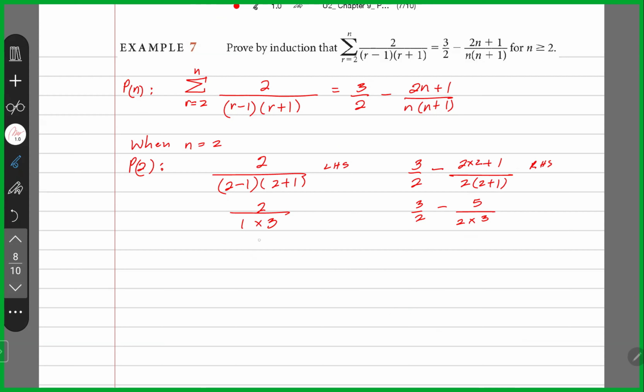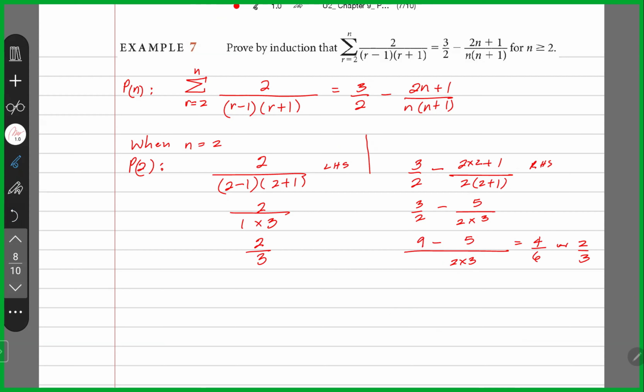Over here, we have 2 over 3. Over here, the LCM is 2 times 3, which is 6. 2 into 6 is 3. 3 3s are 9. So this is 9 minus 5, which is 4 over 6, or 2 over 3.